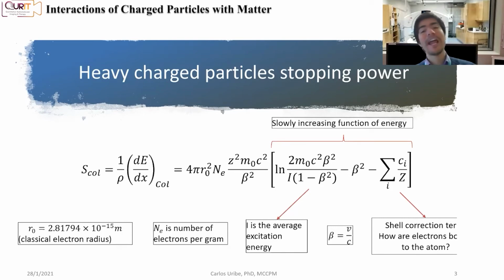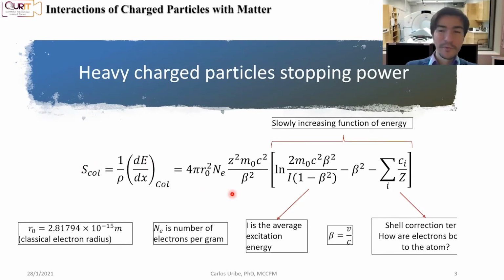So you have a heavy charged particle, and by heavy charged particle, remember, I'm referring to alpha particles or protons. If you have a heavy particle like an alpha particle, we saw that the Bremsstrahlung contribution is very, very low. So the stopping power for a heavy particle is basically going to come from the collisional interactions, and it's going to look something like this.